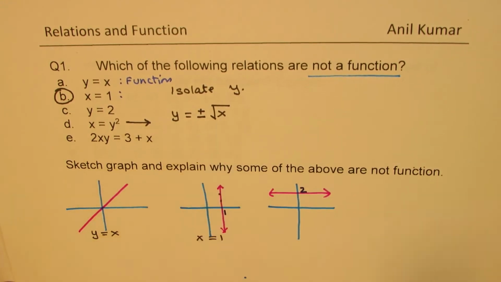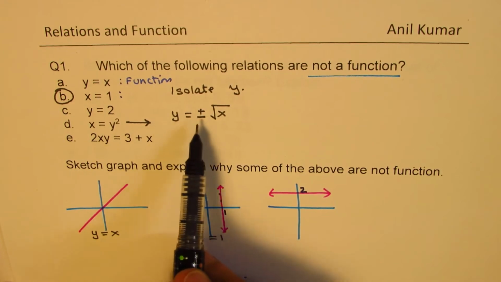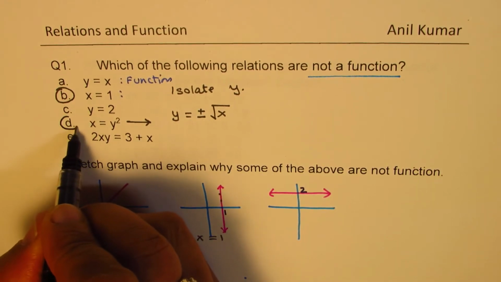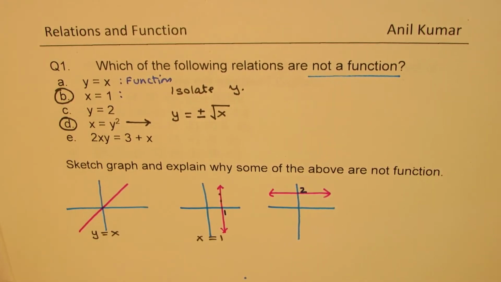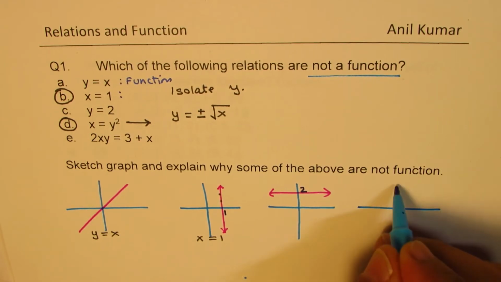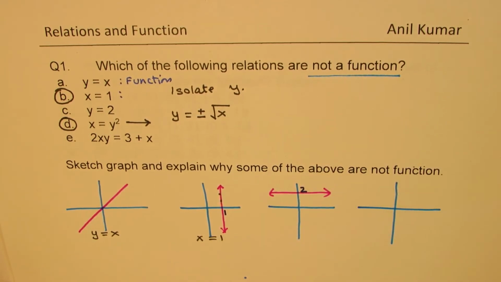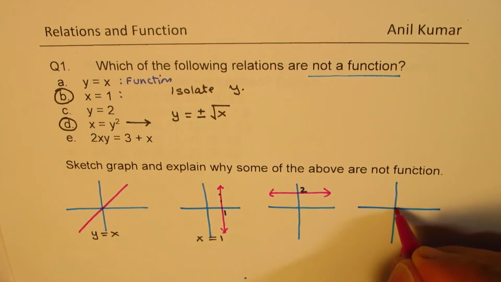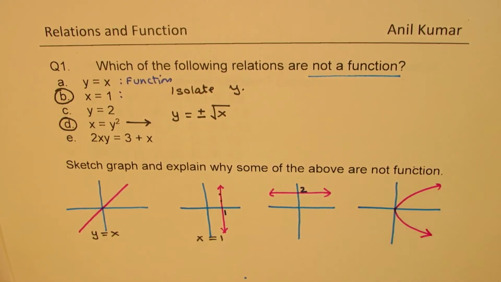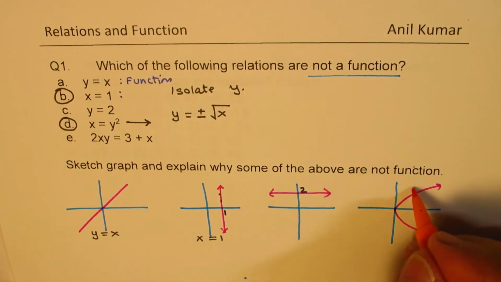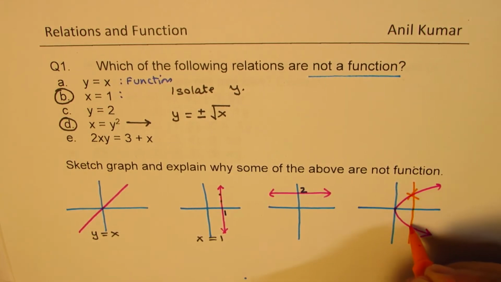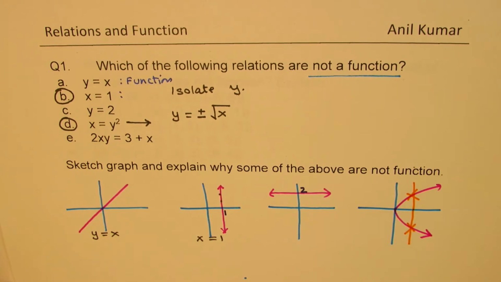Except for 0, of course, right? So this one is also not a function, correct? If you sketch this, what do you get? Plus minus square root x means it will be kind of like this. It fails the vertical line test. If you draw a vertical line, it will cross at 2 points.